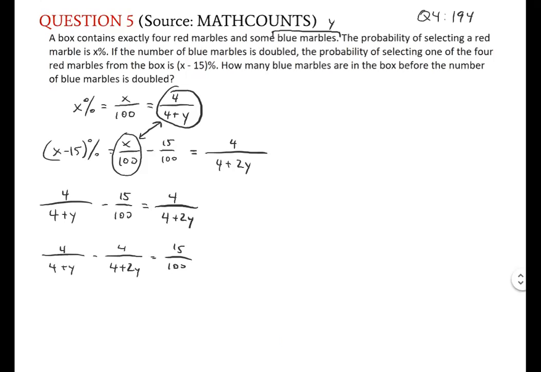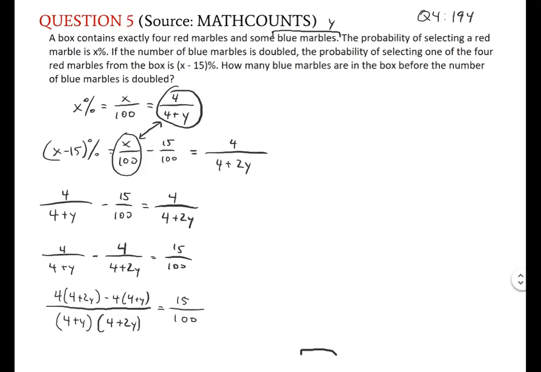I think it's my hand. Okay. So now we just find our common denominator, which is 4 plus y times 4 plus 2y. I said x, I meant y. And we have this, okay, yeah, basically just solve for y.